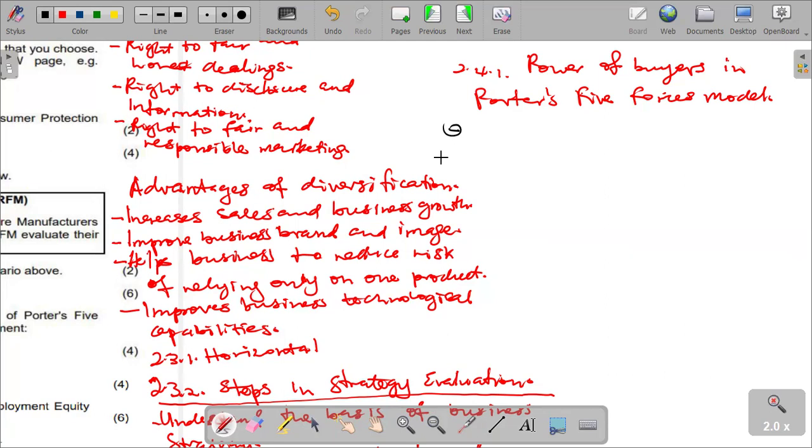Power of buyers: the business must assess how easy it is for buyers or customers to drive prices down.